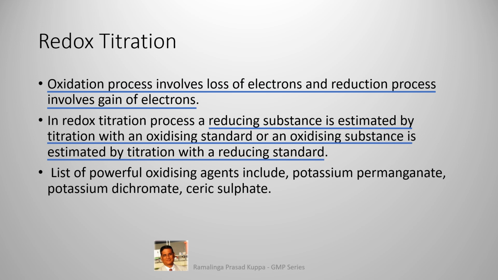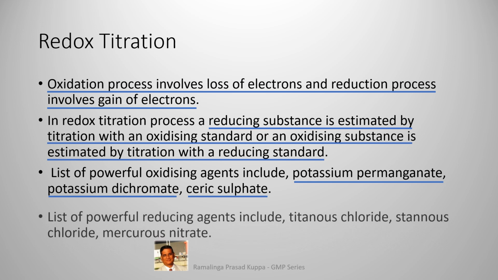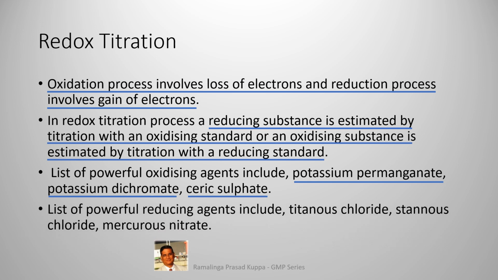Powerful oxidizing agents include potassium permanganate, potassium dichromate, ferric sulfate, etc. Powerful reducing agents include titanous chloride, stannous chloride and mercurous nitrate.